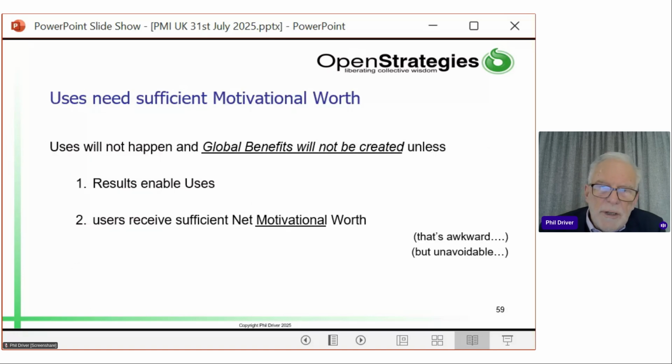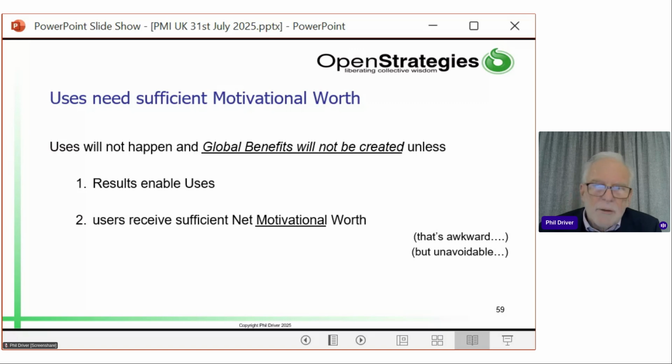So users need sufficient motivational worth. Uses will not happen and global benefits won't be created unless your results enable the uses and the users receive sufficient motivational worth. And that's really awkward and unavoidable. If your users aren't getting motivated, everything falls apart.